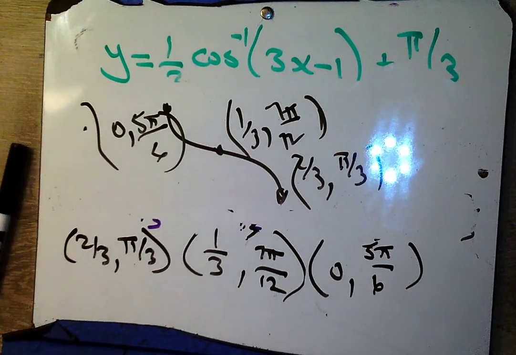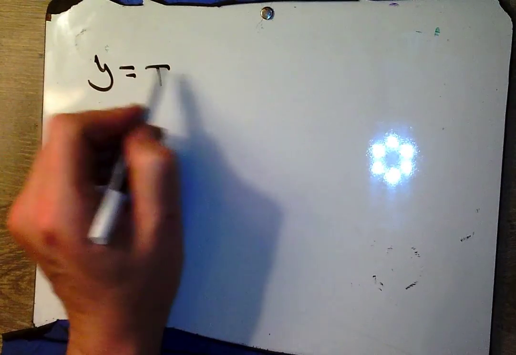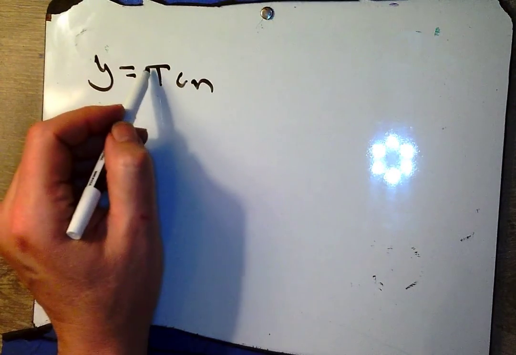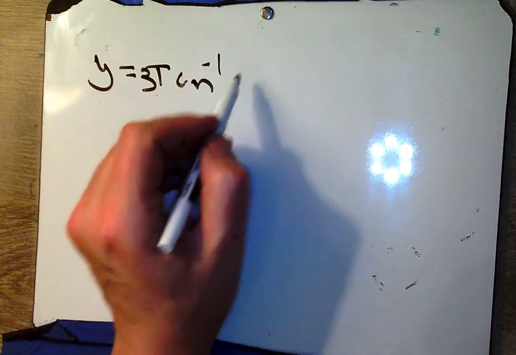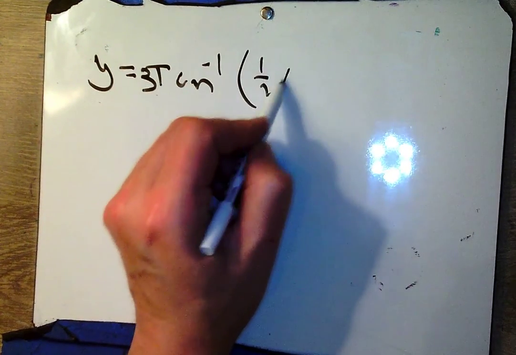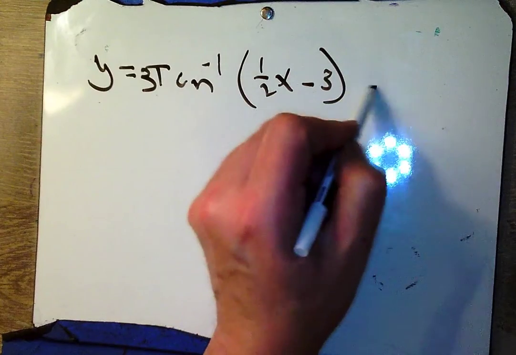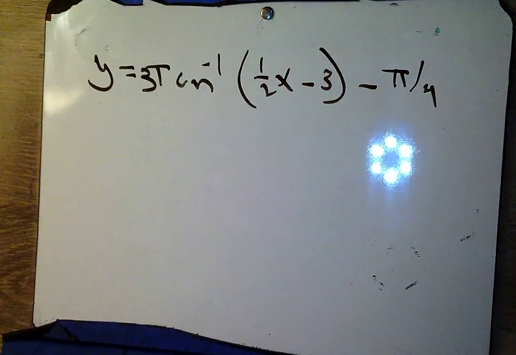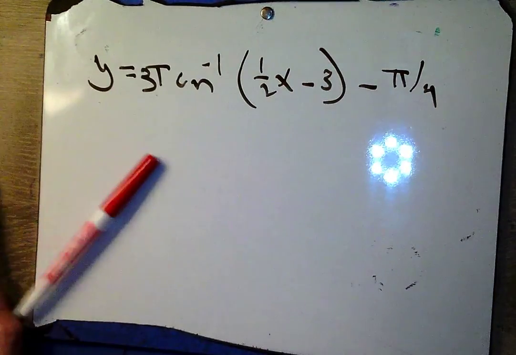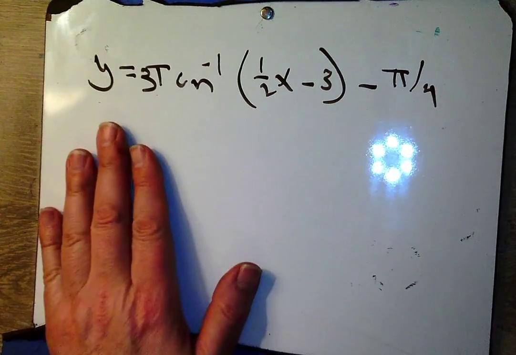Okay. How about one last one? Inverse tangent. y equals 3 tangent inverse of x minus 3, minus pi over 4. Okay. So in this situation, what do we do?